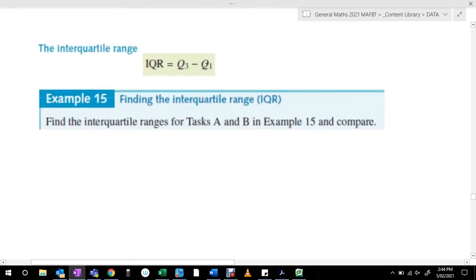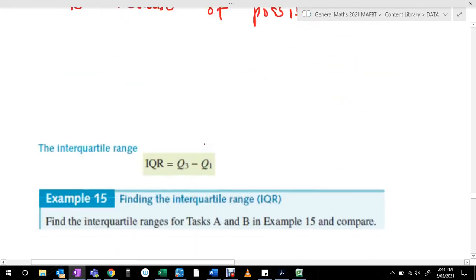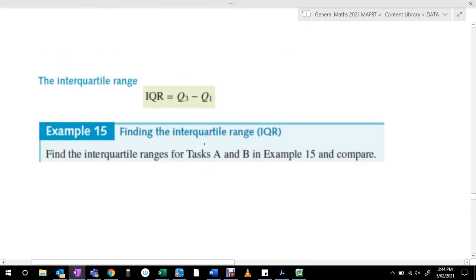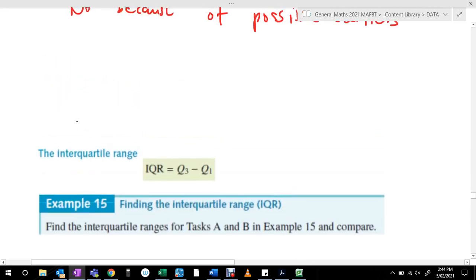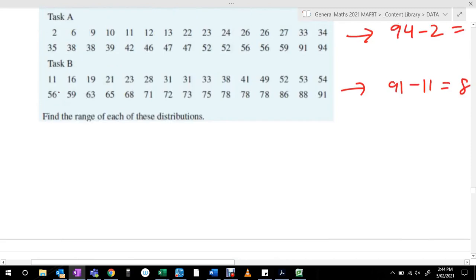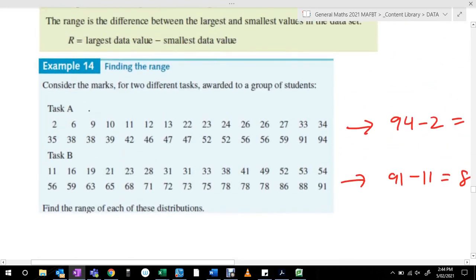All right, interquartile range. IQR is slightly trickier to find, but it's not that bad. Let's say, for example, you have a bunch of numbers. Let's look at this list of numbers. I can split it in half, right? I've got the top half and the lower half.